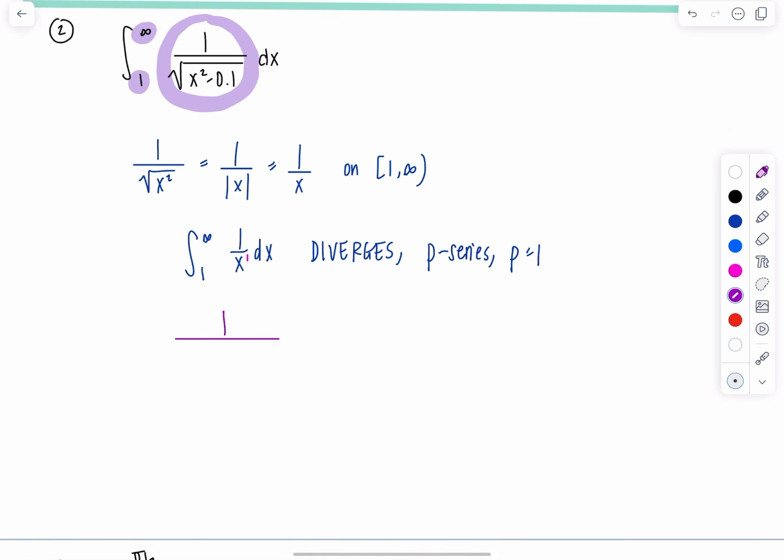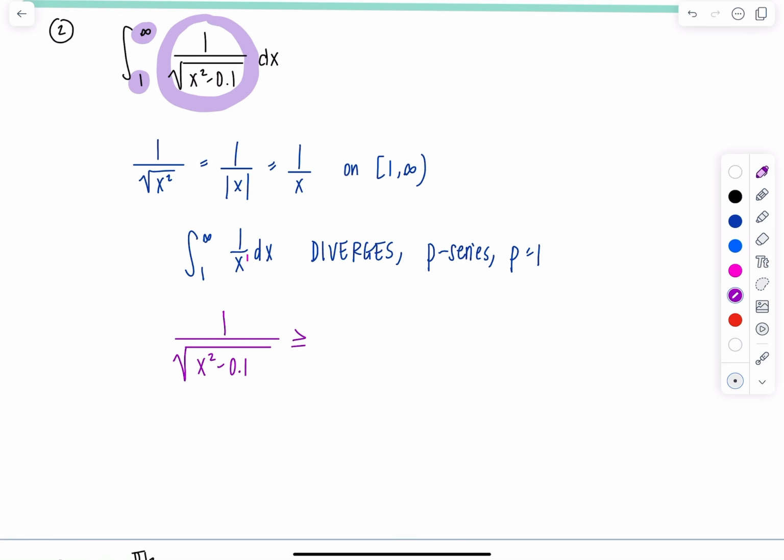Yep. So 1 over rad x squared minus 0.1. Let's think about it. I want to show this is bigger than something. How can I do that? Well, if I get rid of the minus 0.1, notice here, subtracting a number makes this denominator smaller. And when the denominator of a rational expression is smaller, the overall expression is bigger, right?